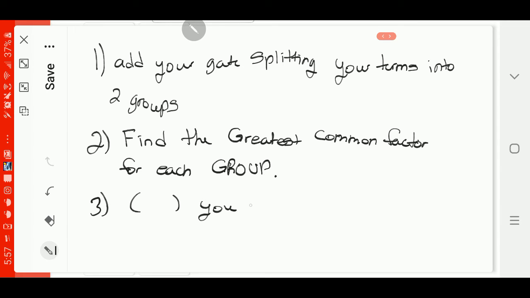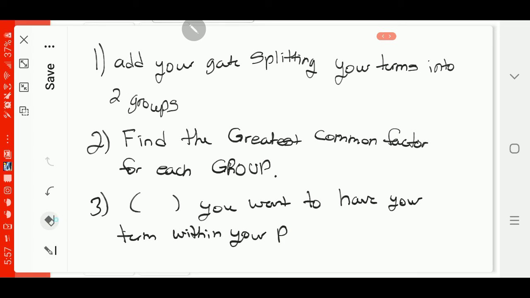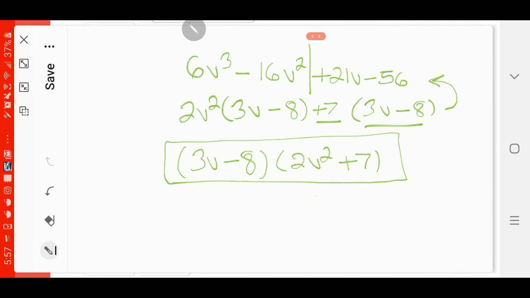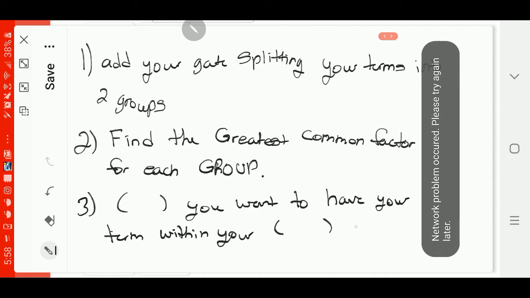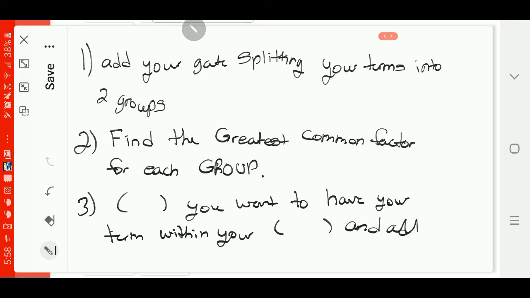So in our previous problem's case, we're going to want to take these two terms in our parentheses and make sure they're equal, and add it to the other side of the gate.